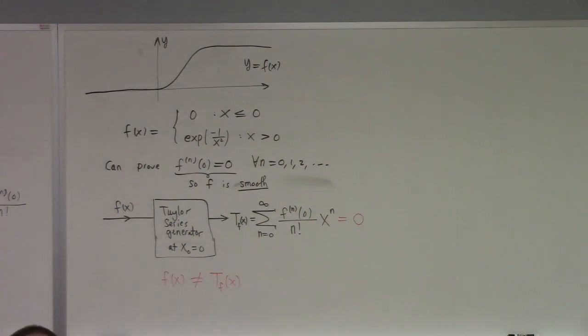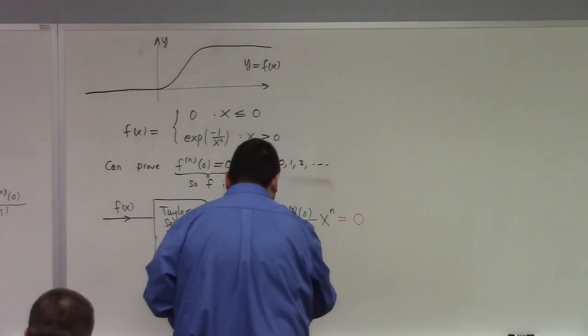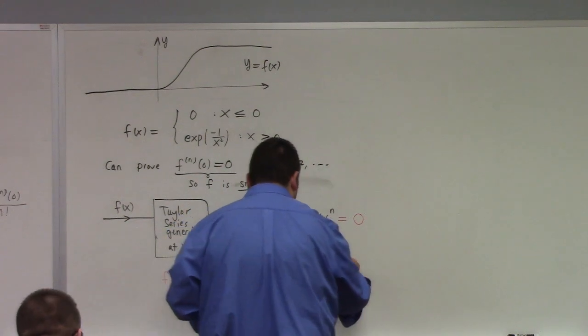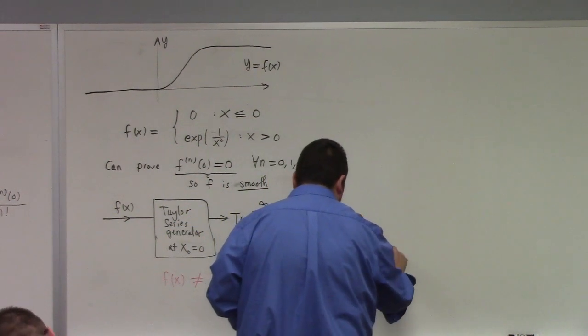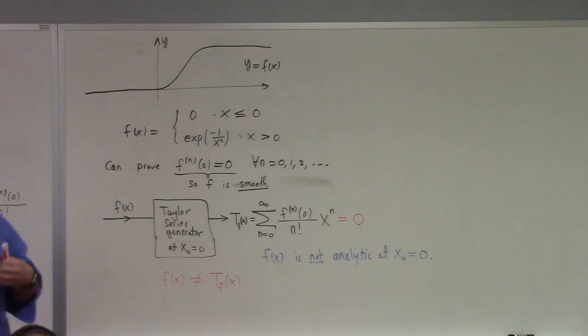A function which is not represented by its Taylor series at a point is said to be non-analytic. So f of x is not analytic at x equal to 0. If you take this function anywhere except for x equals 0, locally, the function will be represented by its Taylor series. It's just this one trouble spot for this function. At 0, it's not analytic.